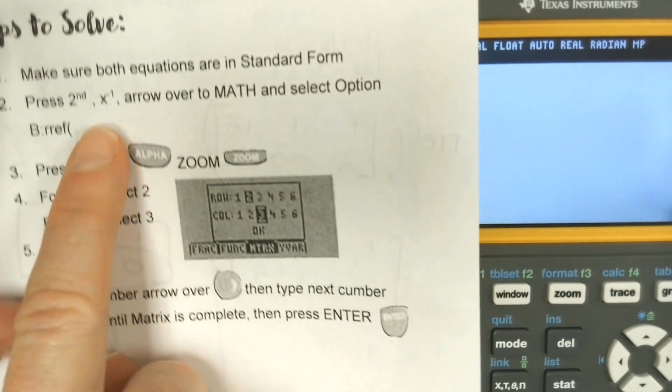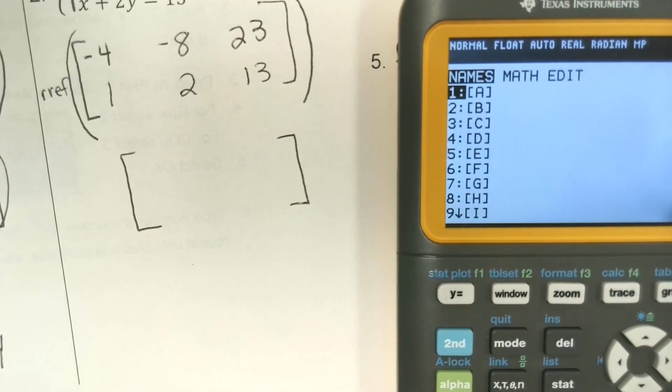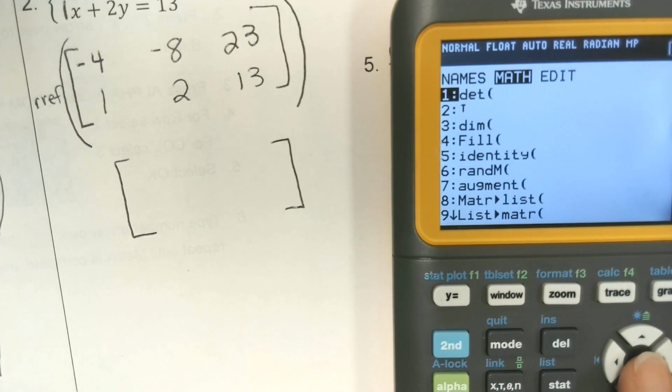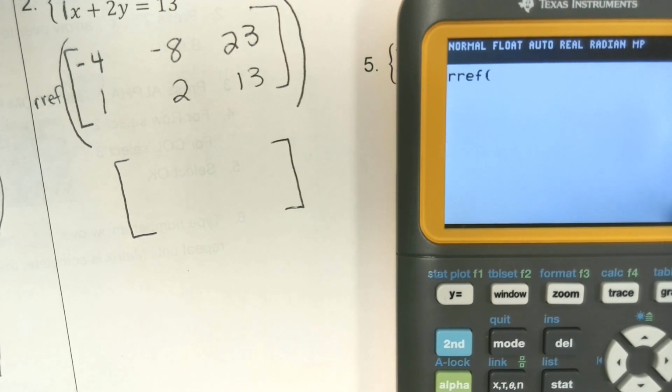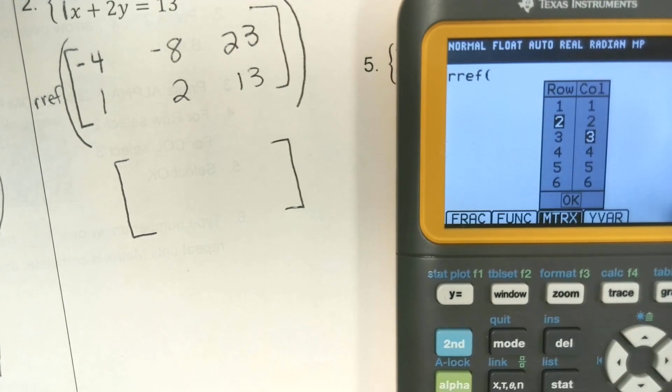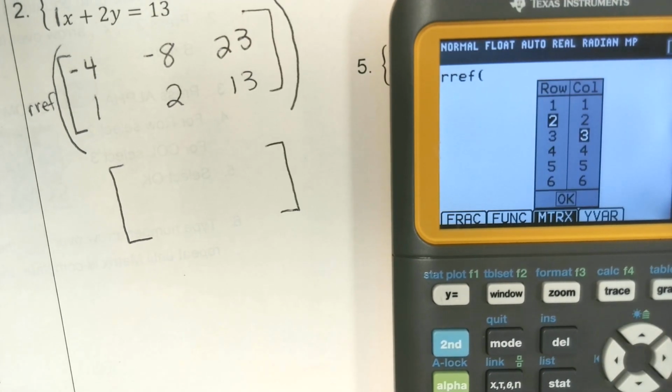These are our steps. Second, x to the negative 1. Over to math. And then go to RREF. Then alpha zoom. 2 by 3. Push OK.